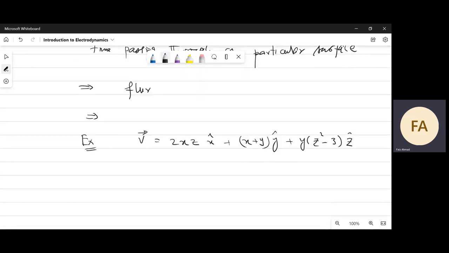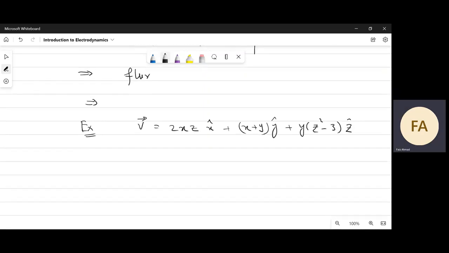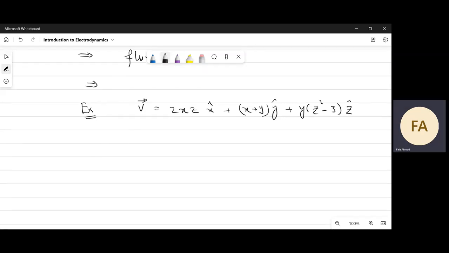This is a vector function, and we are asked to find the flux, the surface integral, over a cube.